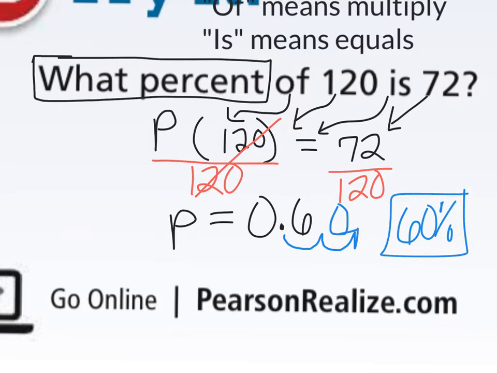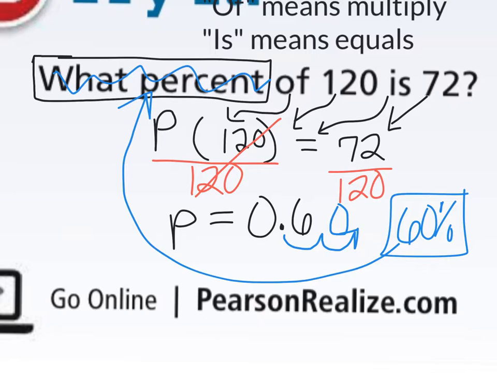Now again, once we get that answer, we can think about whether that makes sense. Instead of "what percent," now we're saying 60% of 120 is 72. Well, I know 50% of 120 would be 60, so 60% is going to be more than that. That sounds pretty reasonable.